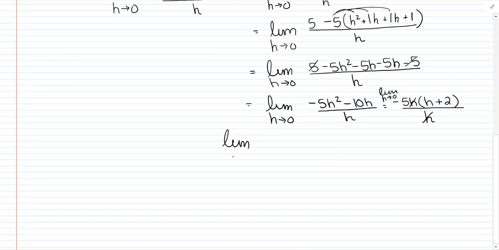And I have the limit as h approaches 0 of negative 5 times h plus 2. The h is gone now out of the denominator. So when I jam my 0 in, 0 plus 2 is 2. 2 times negative 5, negative 10.